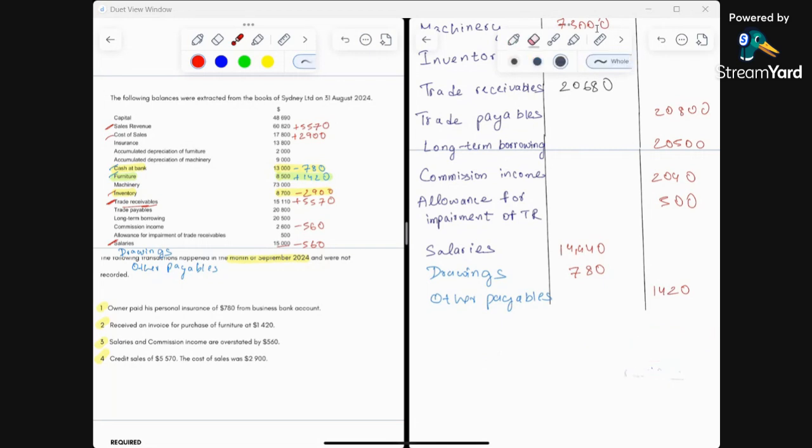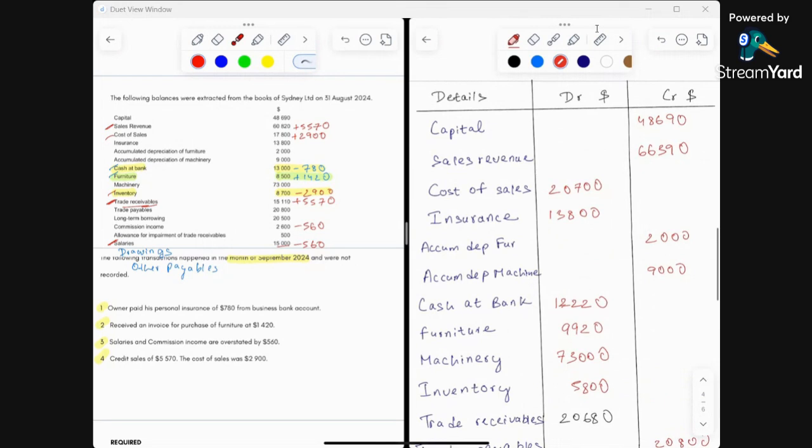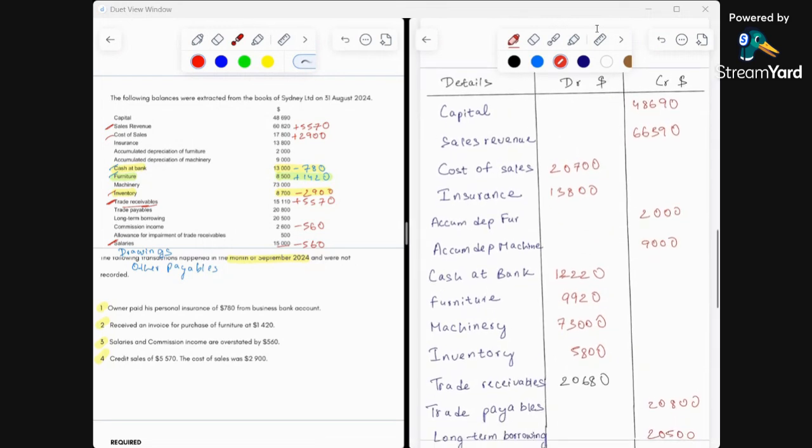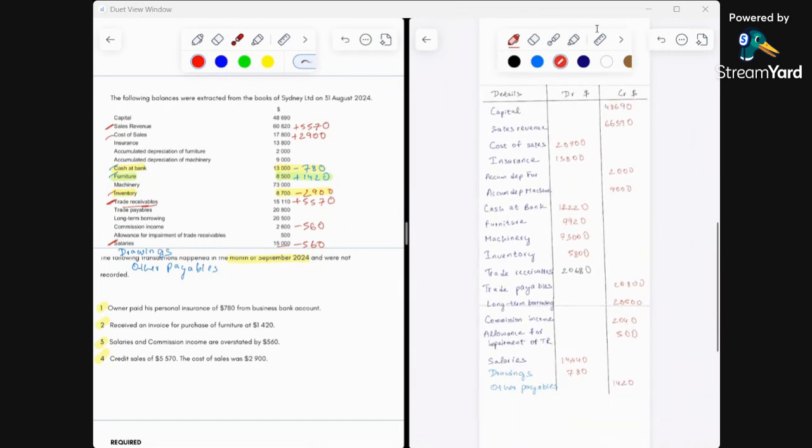I'll just erase this. Now what we have to do now is simply take our calculator and add everything on the debit side. Then we add everything on the credit side, and let's hope it's a perfect match. All right, so I'll just check this. Let's see.